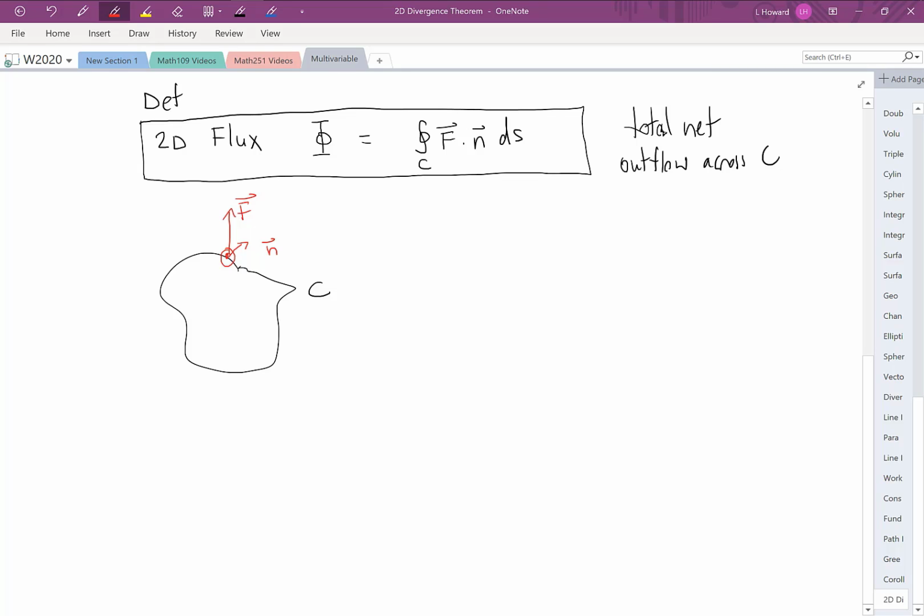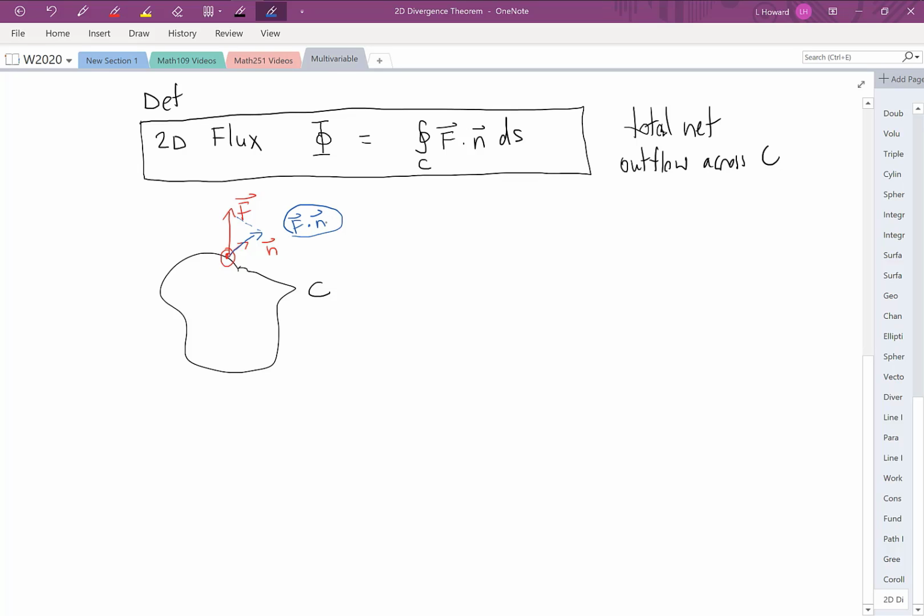All right, now if we do the dot product of F with n, then what we're capturing is the component of F in the direction of n. So let's say F dot n might look something like that blue vector there. So just imagine resolving your vector F into components, one parallel to n and one perpendicular to n, and F dot n is giving you that component.